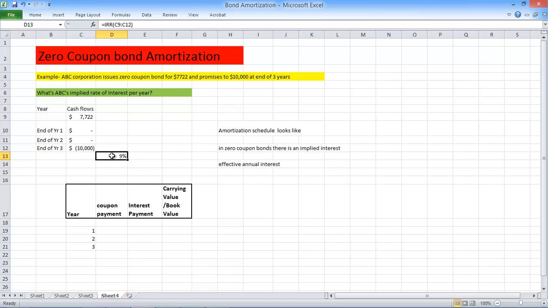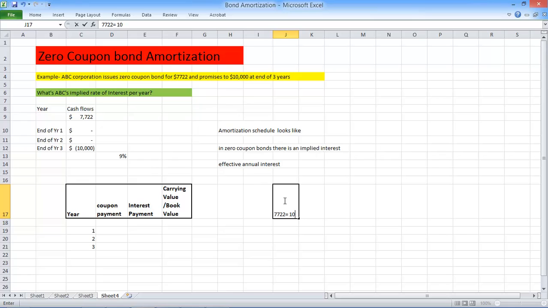So how do you calculate that? You just simply use equals IRR, internal rate of return, to get this 9%. I'll tell you what this 9% is. This is the same thing as the present value, which is the discounted future cash flows. What they invested was 7,722.